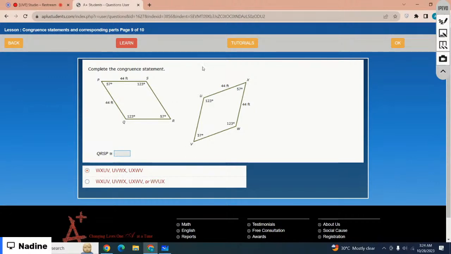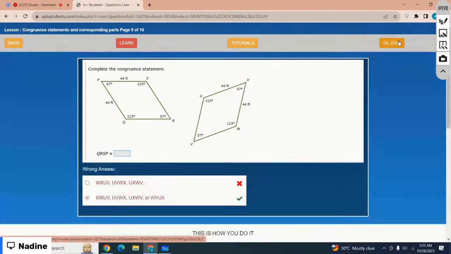Then UVWX and UXWE. So that is option number 1.